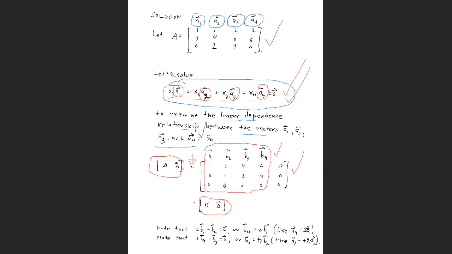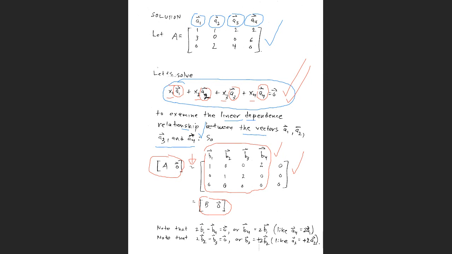And it's okay to do that because, again, think if you had a large matrix, a big set of vectors, and you wanted to see if those vectors formed a basis for your space.